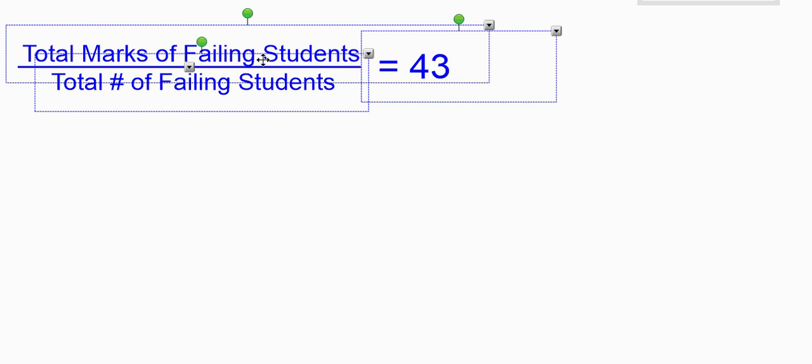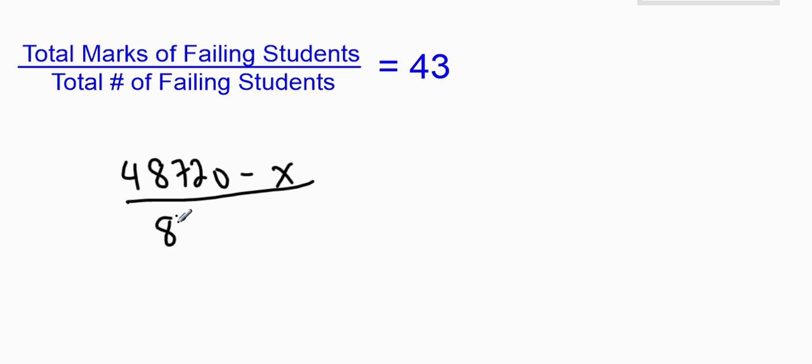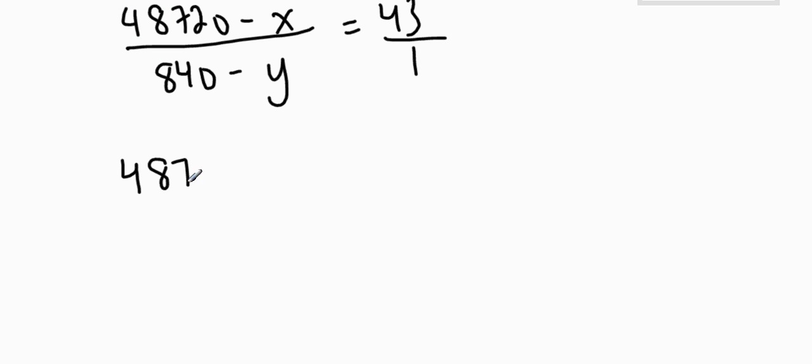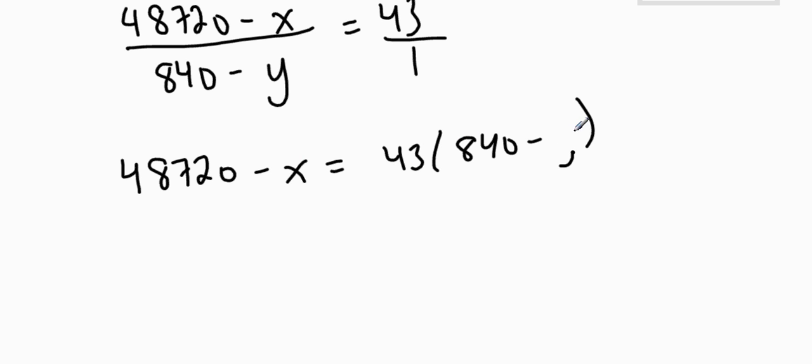Here we go. So again, we've now defined variables that represent things. The total number of marks assigned to failing students was 48,720 minus X, and the total number of failing students was 840 minus Y. And again, I'm just going to cross multiply so that I don't have to deal with fractions. So 48,720 minus X equals 43 times (840 minus Y).